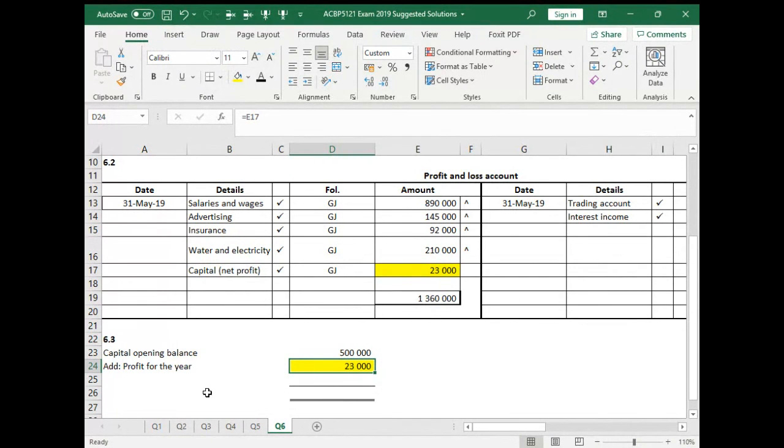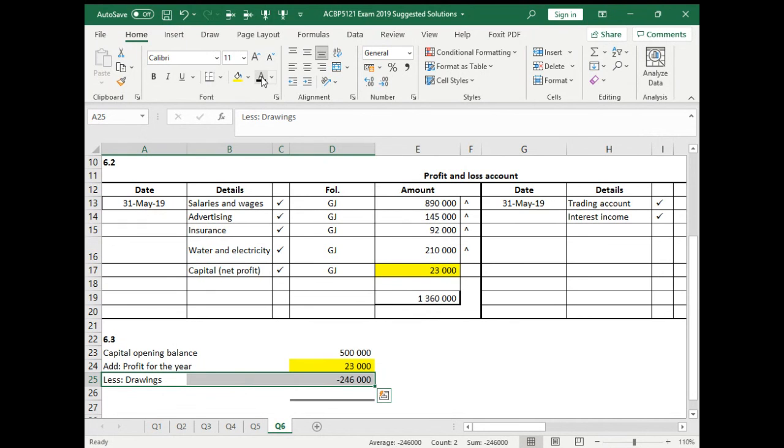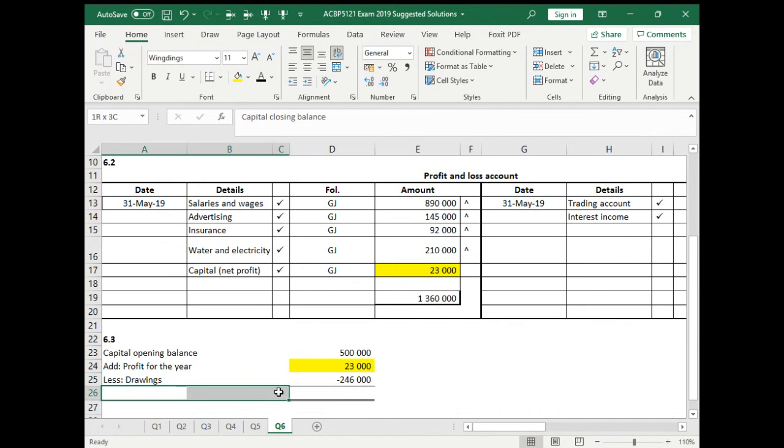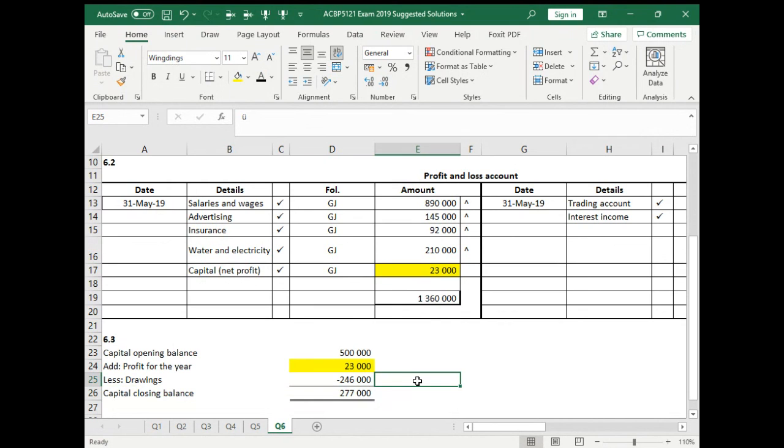And then the next step is there's a drawings account that was on your trial balance. We close off the drawings account to your capital account, so we deduct any drawings that occurred from the capital to work out what is the new closing balance, the capital closing balance at year end.